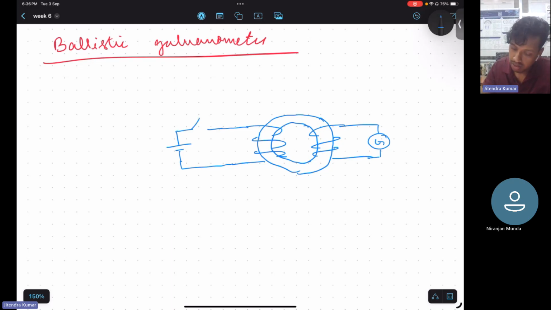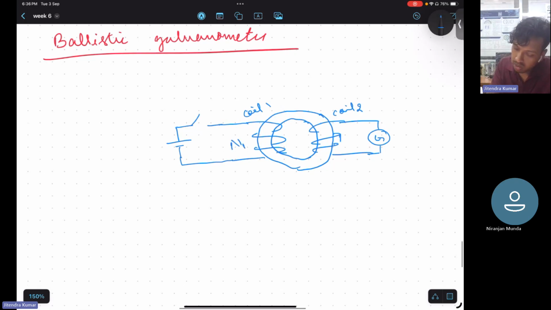This is the secondary coil. This is the primary coil. Here N1, N2, I1, and again here I2.